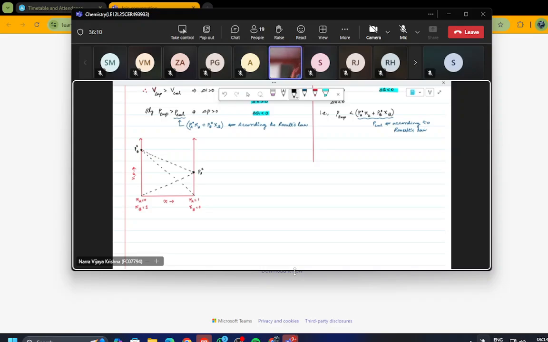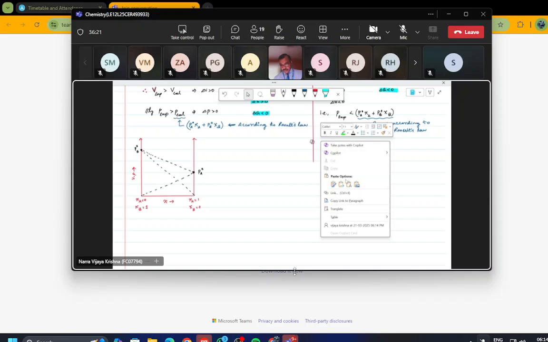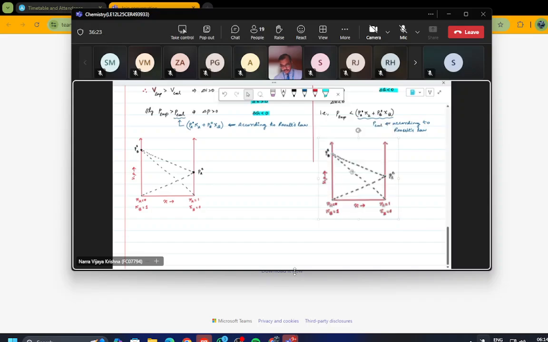Now it is deviating from Raoult's law, right? Now observe the first case.